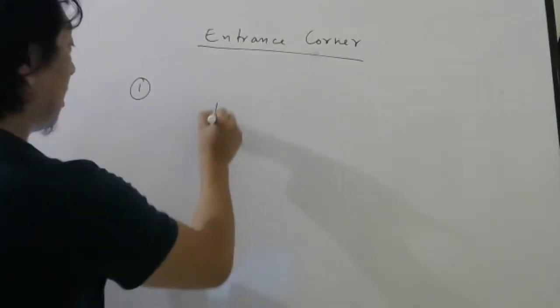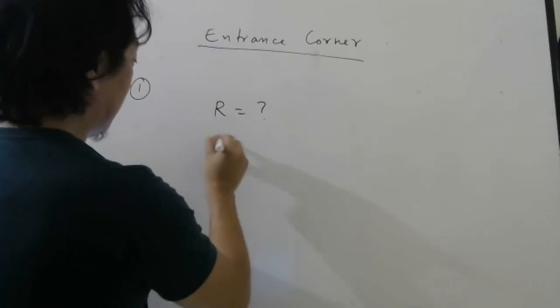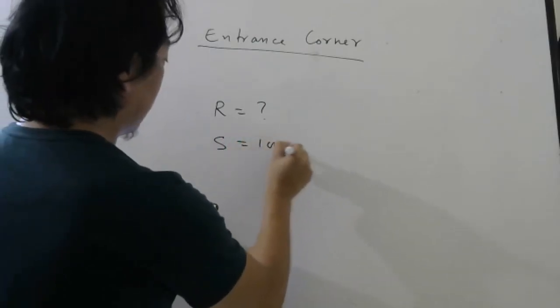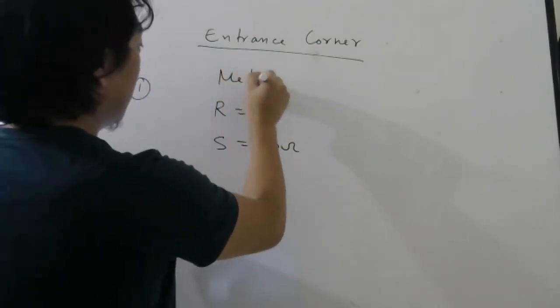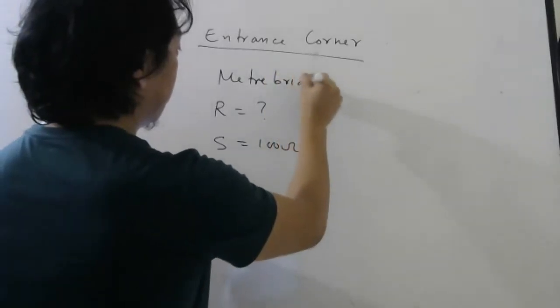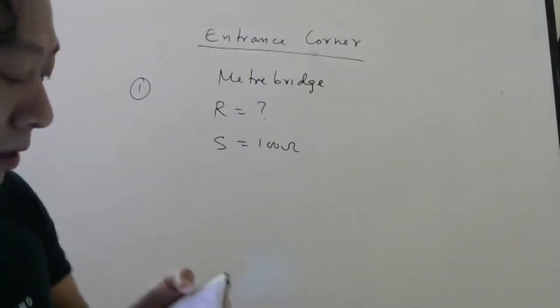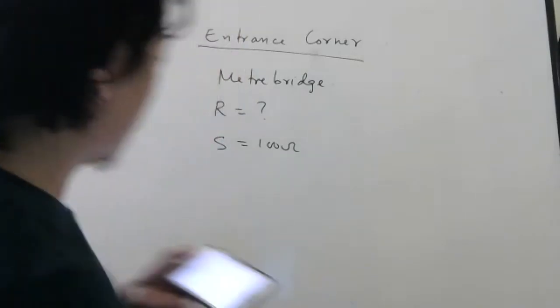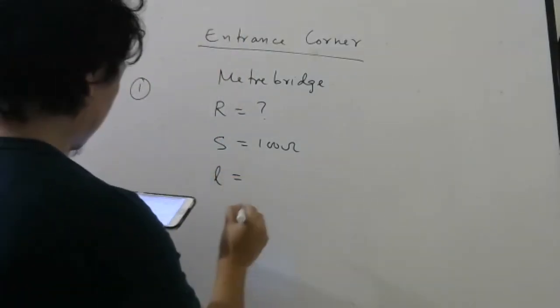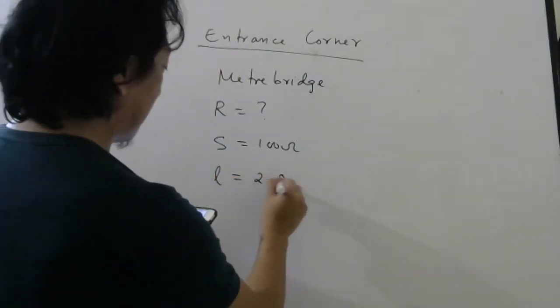Student chooses the standard resistance S to be 100 ohm. R is to be measured, S is 100 ohm. Using what instrument? Meter bridge. He finds the null point L equals 2.9 centimeter.